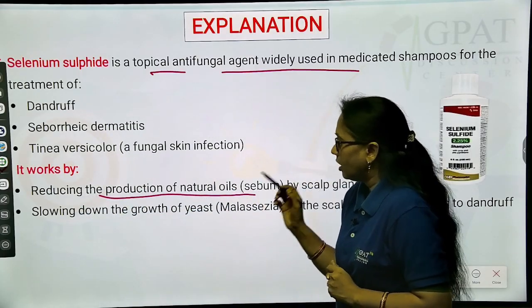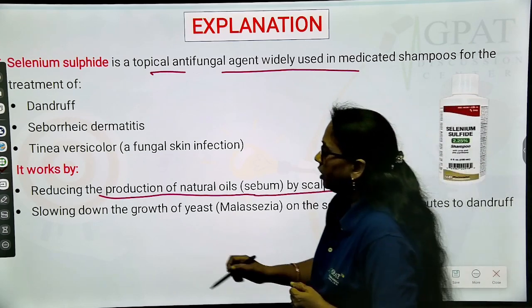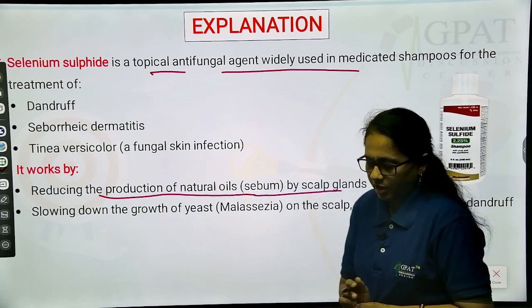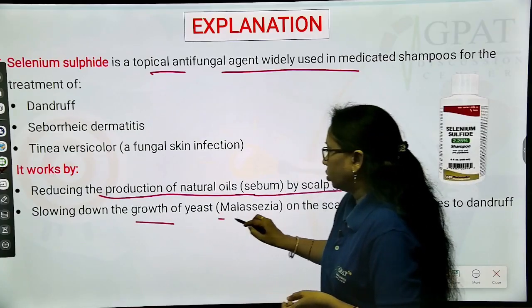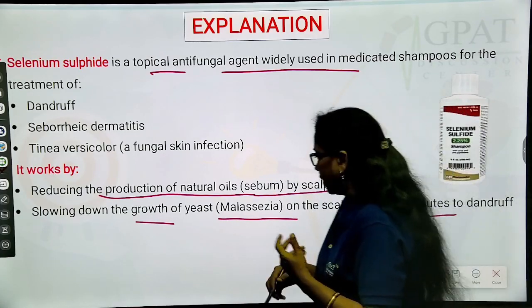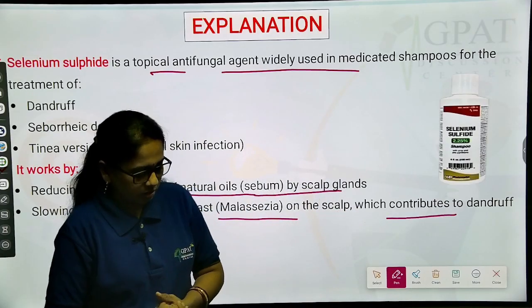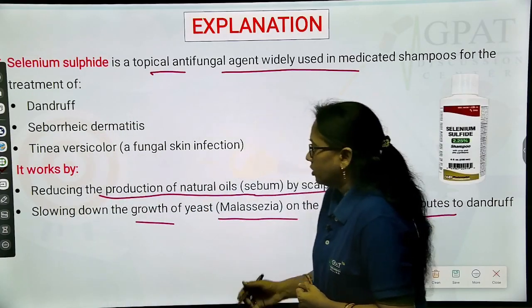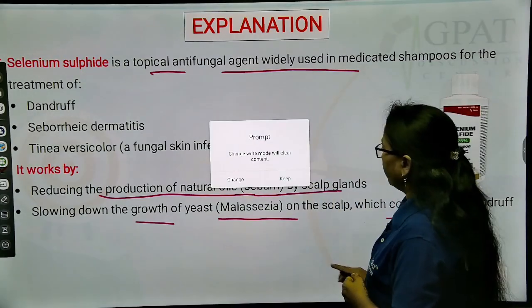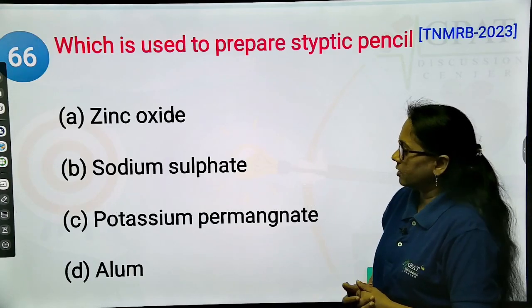On the scalp, we know how the sebum is generated. So it reduces the production of this natural oil and slows down the growth of the yeast. Yeast is nothing but Malassezia on the scalp, which majorly contributes to dandruff, the problem that is causing dandruff. So selenium sulphide has its topical antifungal action by this mechanism.